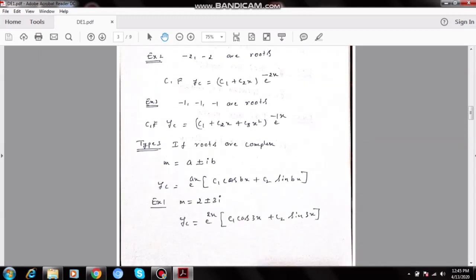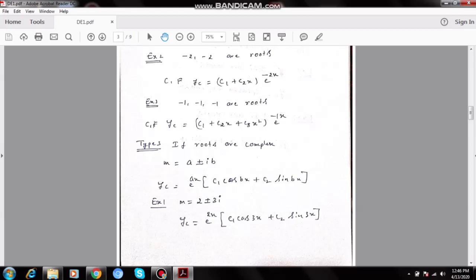The third type will be if the roots are complex, that is m is equals to a plus or minus ib. a is called the real part of the complex number and b is called the imaginary part. Then the complementary function will be e to the power of ax into (c1 cos bx plus c2 sin bx). For example, m is equals to 2 plus or minus 3i. 2 is the real part and 3 is the imaginary part.